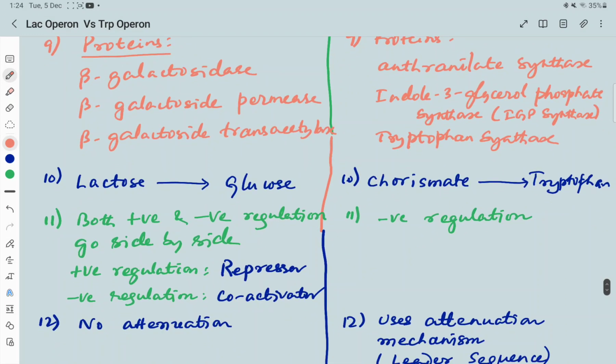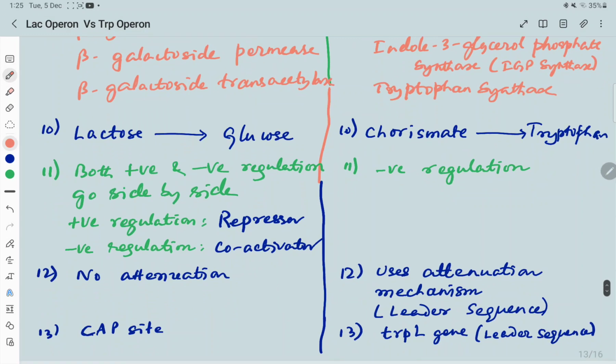And lac operon helps in degradation of lactose to glucose, and TRP operon helps in synthesis of tryptophan from chorismate. Both positive and negative regulation go side by side. Negative regulation through the repressor protein, positive regulation through the co-activator, that is cyclic AMP.